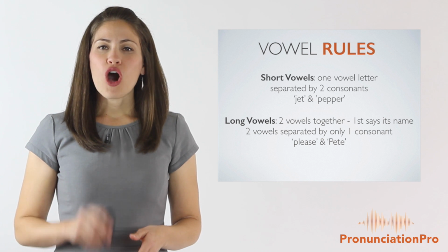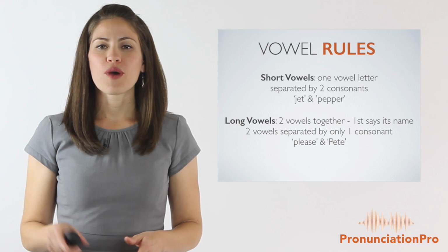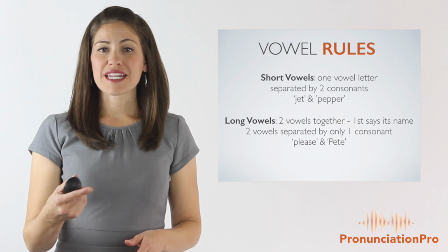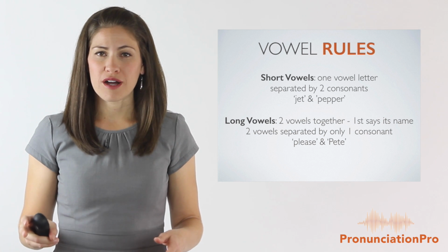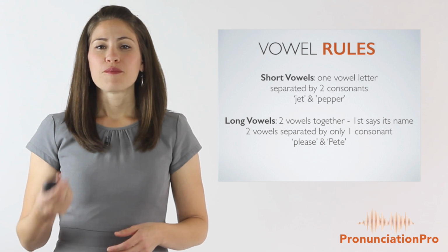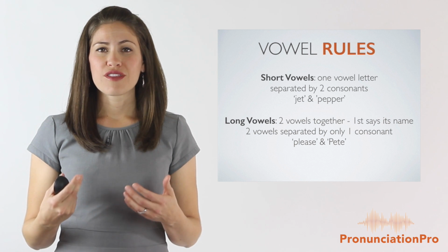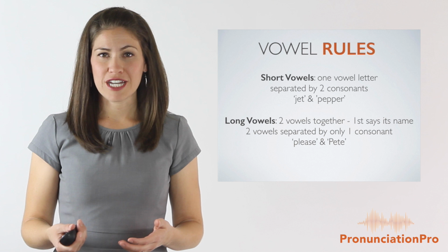Okay? You can also get a long pronunciation when a vowel is separated by only one consonant. So like we said in the short vowels, it has to have two or more consonants to get the short vowel. But with the long vowel, if there's just one consonant in between, then that first vowel will get its long name.